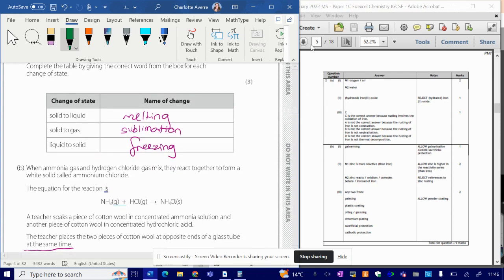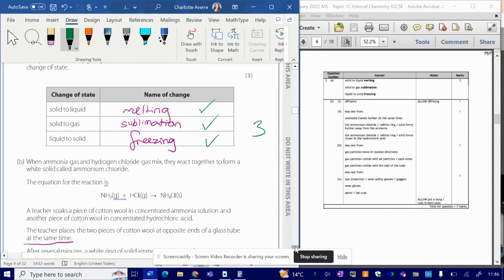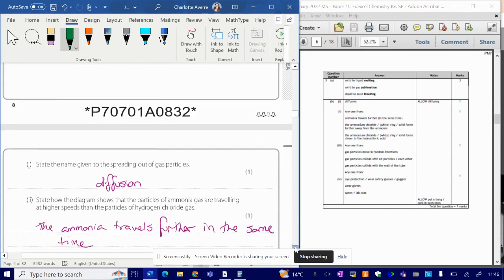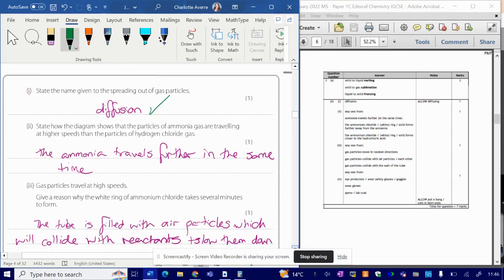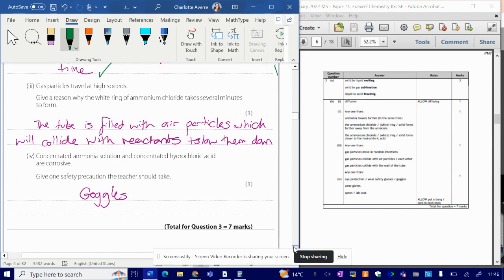Okay, we've then got our state changes, which are fine, melting, sublimation and freezing. Okay, and we've got diffusion. Ammonia travels further in the same time, both okay. Okay, so there's a few different options for part 3.